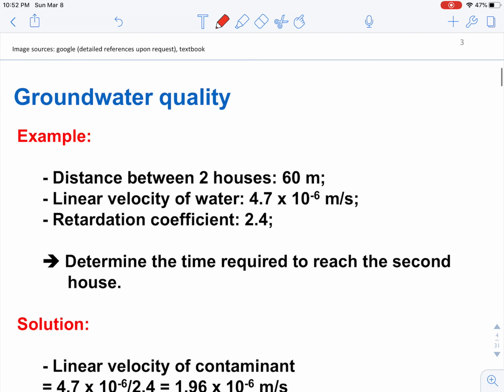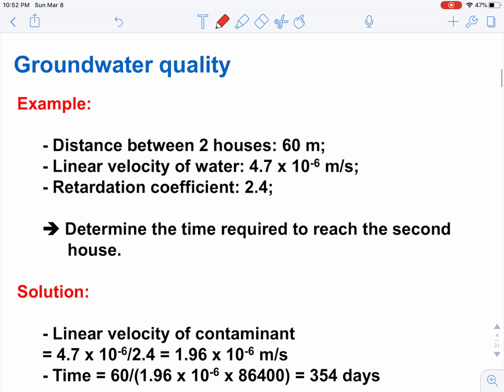All right, we can do a quick example or quick practice of how this might affect the groundwater quality. For example, we are neighbors, right? If we live close to each other and I decided to dump some chemicals into the groundwater, and these chemicals are basically leaked from, for example, my septic tank.